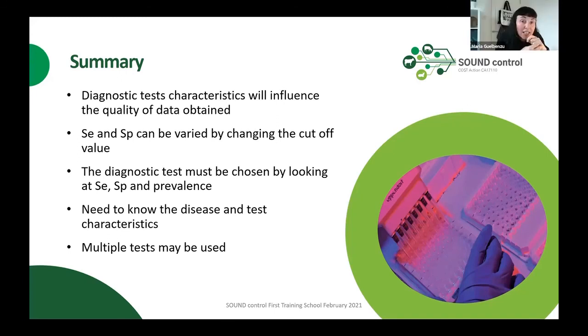The diagnostic test must be chosen by looking at not only sensitivity and specificity, but also the prevalence. As I mentioned, we need to know the disease and the test characteristics, and multiple tests may be used. But as mentioned, you have to really know the strategy and how you're going to apply it to have a sense of the effect that this will have on the actual sensitivities and specificities and predictive value.